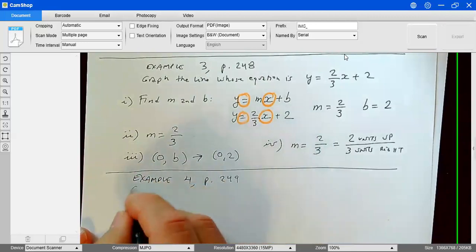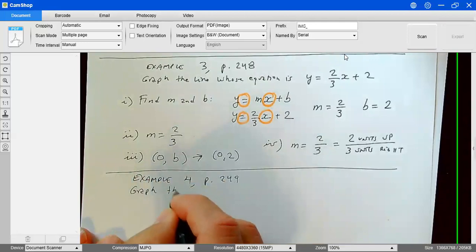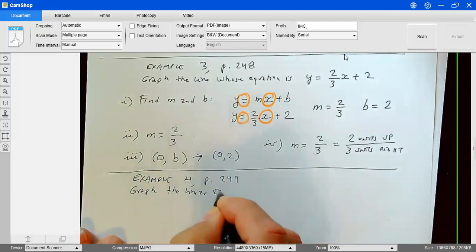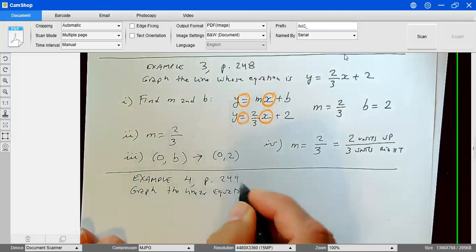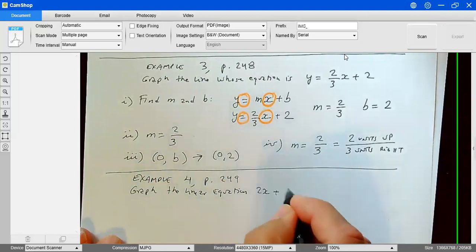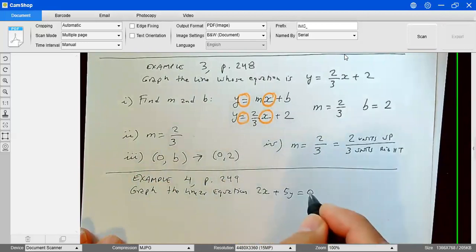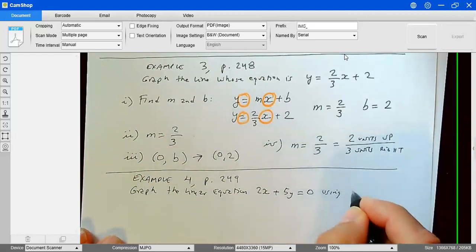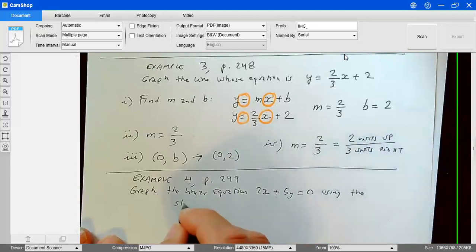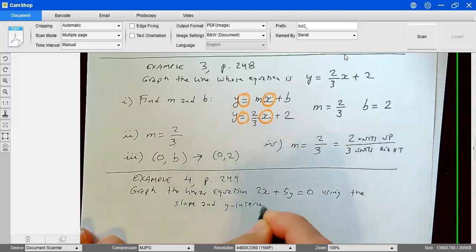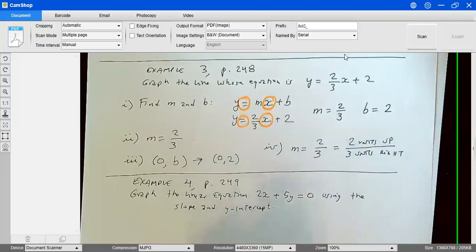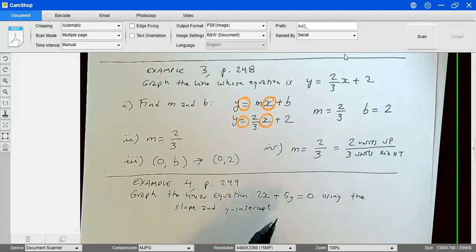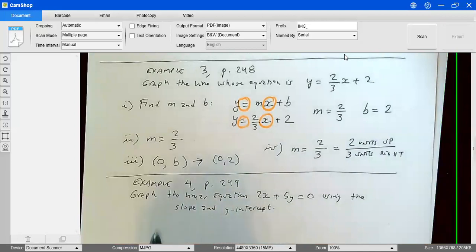So we're going to graph the linear equation 2x plus 5y equals 0 using the slope and y-intercept. Although this equation can be graphed by using the intercepts, we're going to use the method that we are learning now.